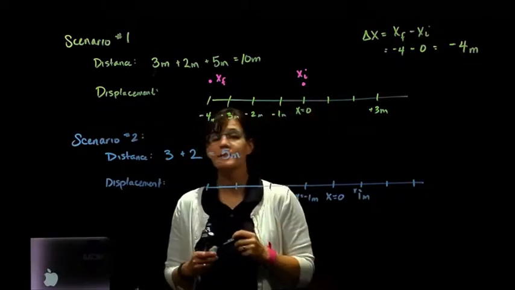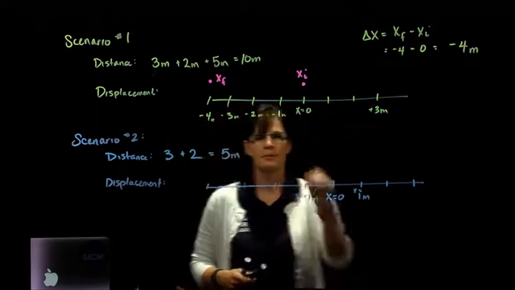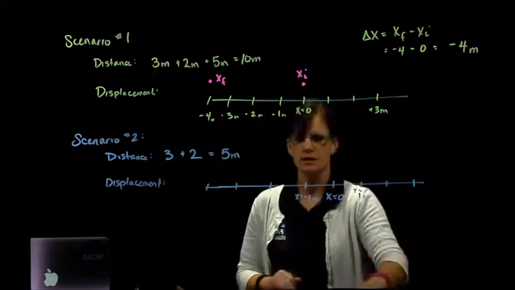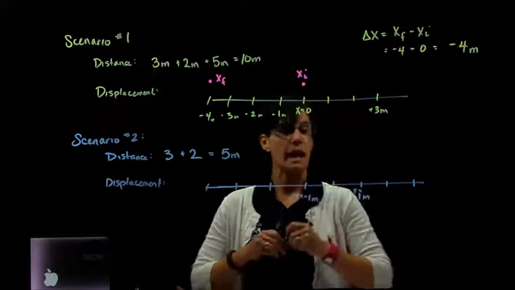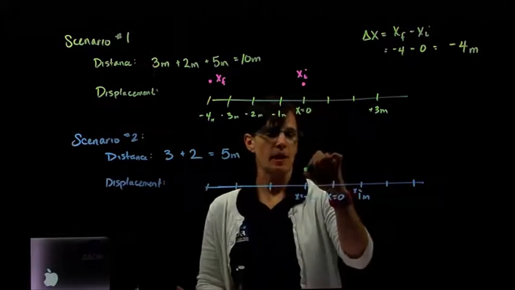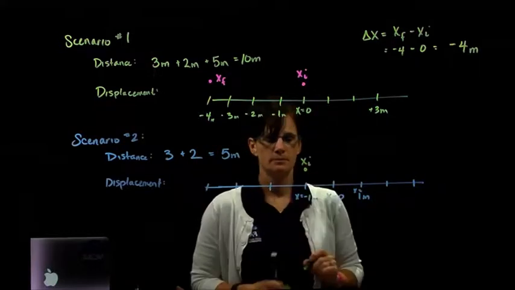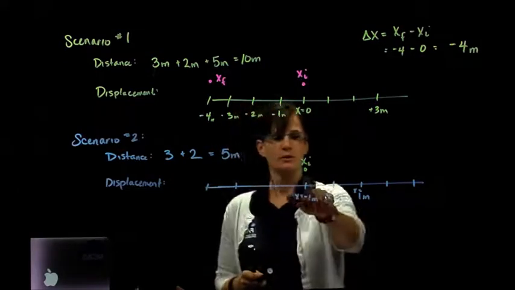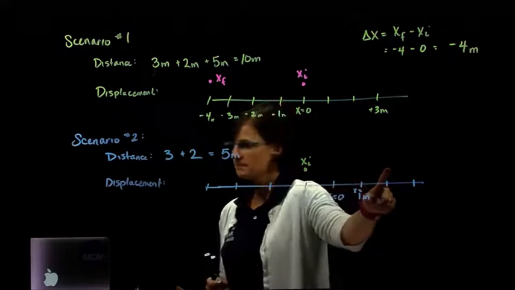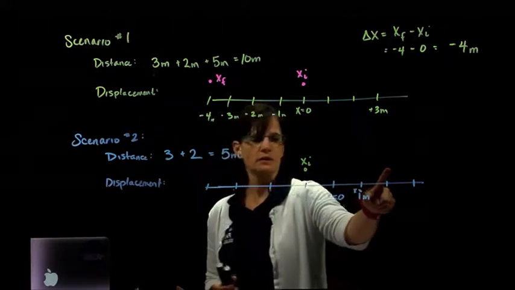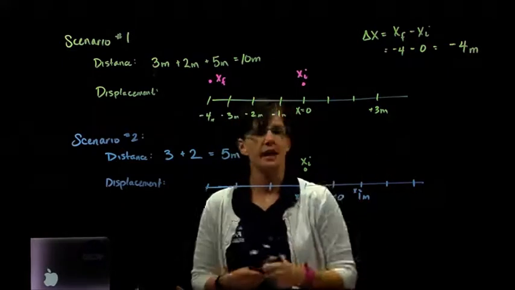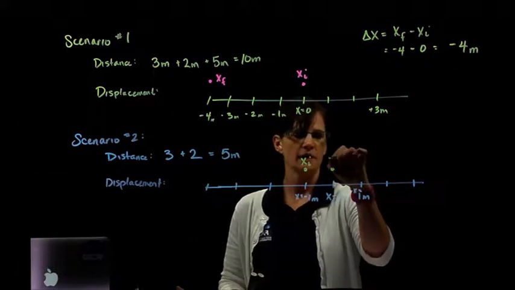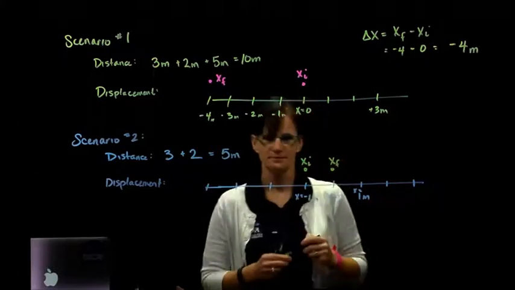It says I start at negative 1 meter. That's a position in the world. My location is minus 1. That's at this spot, so here's my initial position. Then it says I move 3 meters to the right: 1, 2, 3. And 2 meters to the left: 1, 2. I end up at this location in the world.